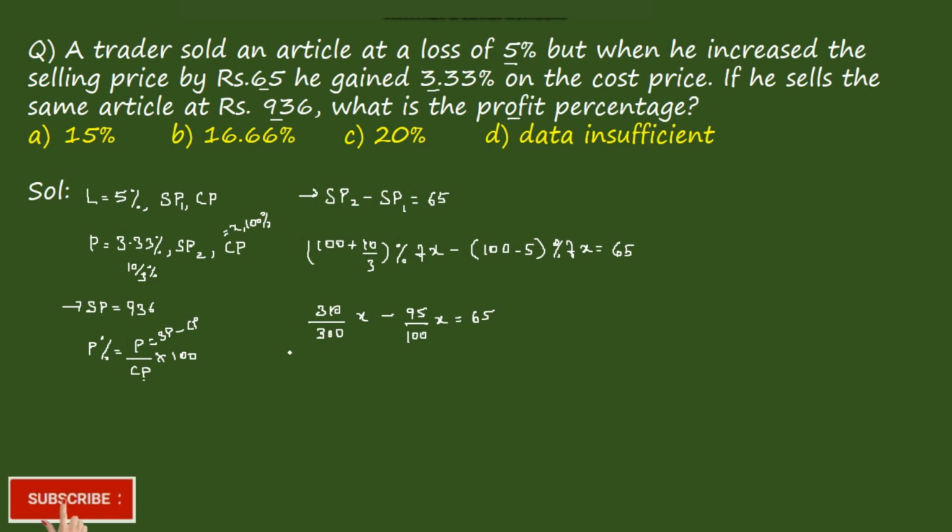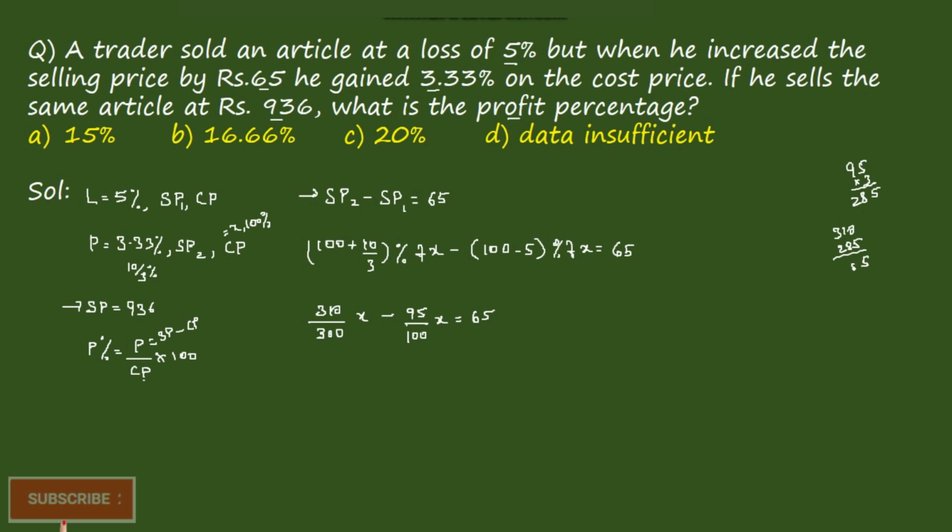So taking the LCM, it becomes 3 into 95. So 95 multiplied by 3 becomes 285. 285 minus 310, right? 310 and 285, just subtract it.